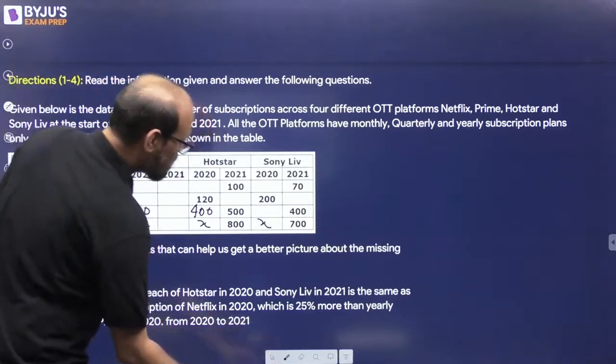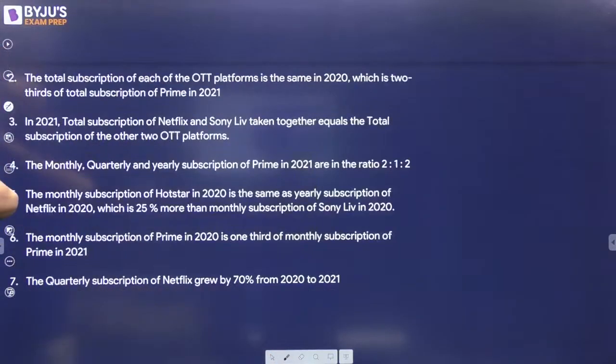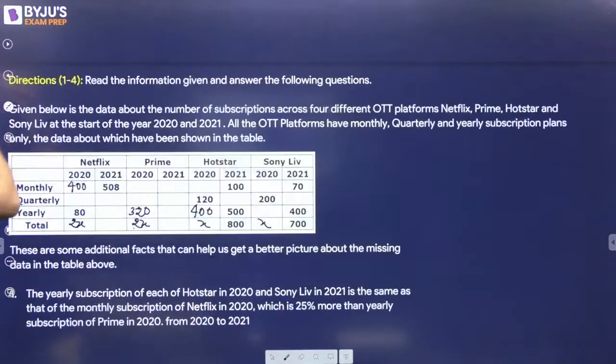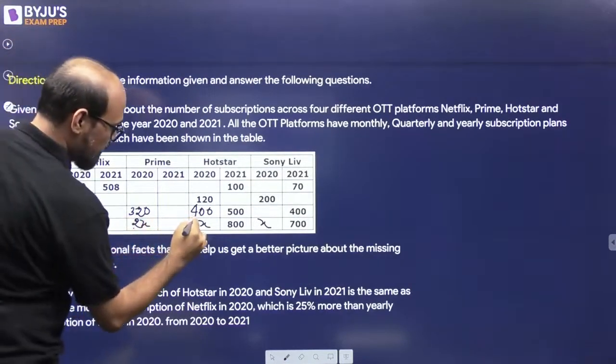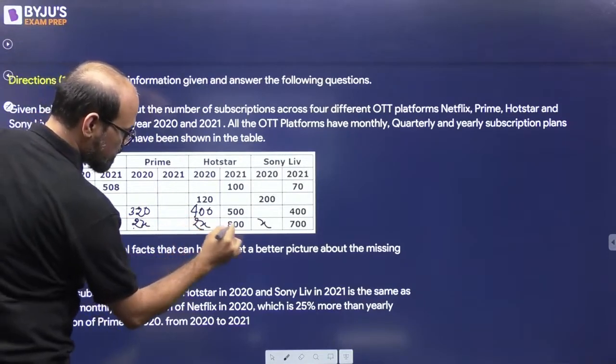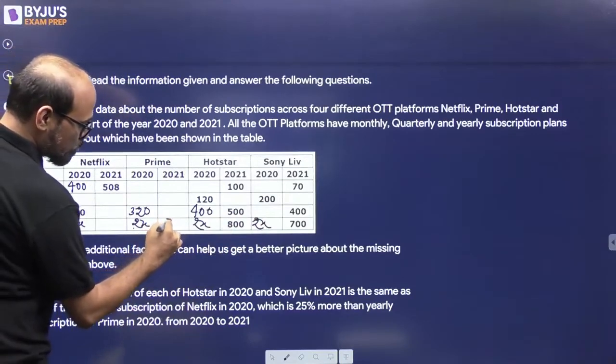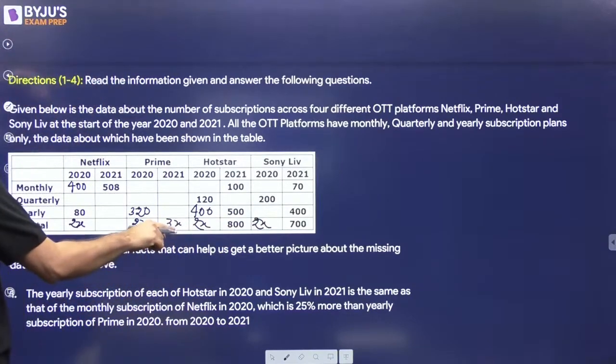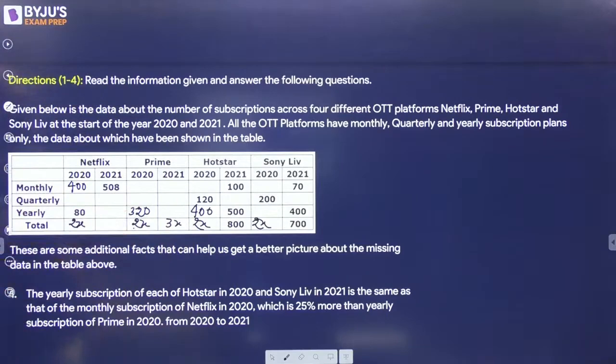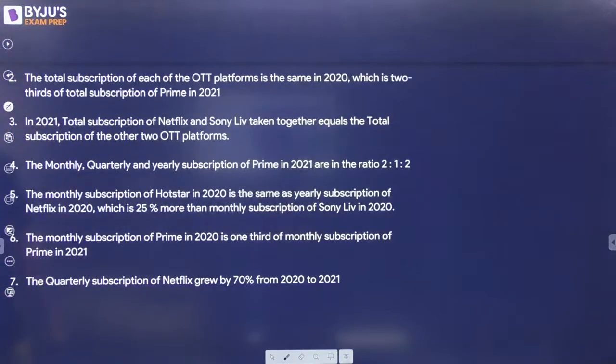It says 2/3, no? Okay. So let's say this is 2x each. And Prime's 2021 total is going to be 3x, such that 2/3 of 3x is 2x. Okay. So instead of taking two variables, I decided to take only one.